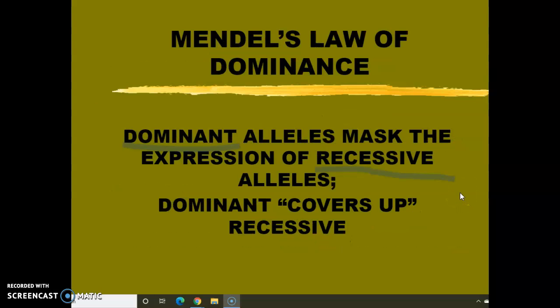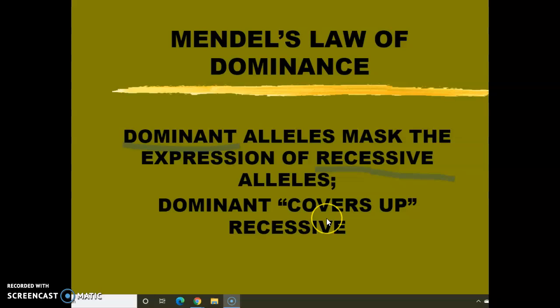All right. 11, Mendel's law of dominance. Dominant genes mask the expression of recessive alleles. They're still there. But the dominant one is the one that shows. Okay, it covers it up.